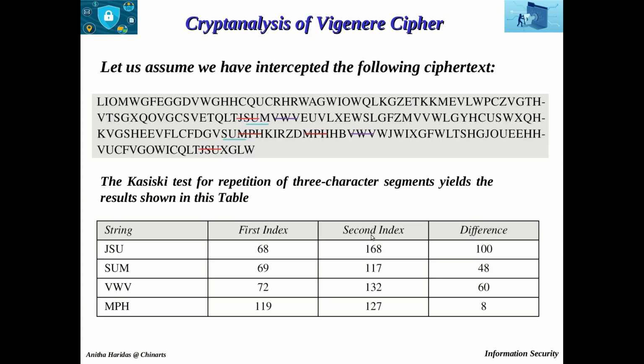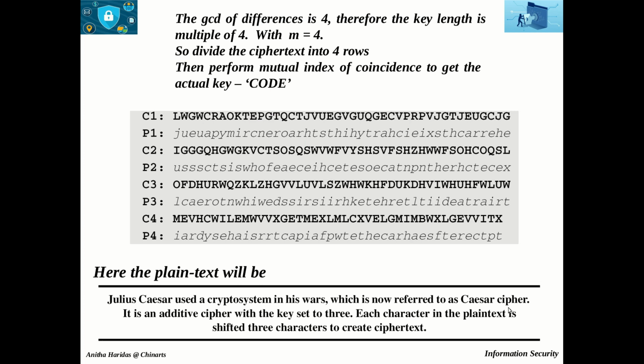In the Kasiski test, the key character segment will be identified, how many times it is repeated will be identified, and the difference between the repeated positions will also be noted. Once the differences are obtained, the greatest common divisor of the differences will be found, which can be guessed as the length of the key.